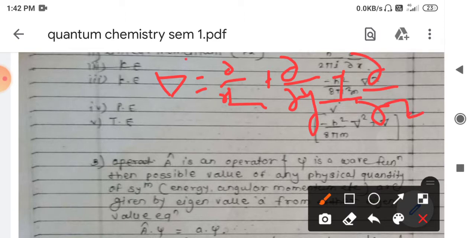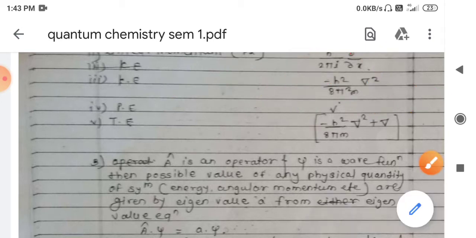And if I have grad square, the whole thing is squared, so we need to square each and every individual component of the x, y and z axes.